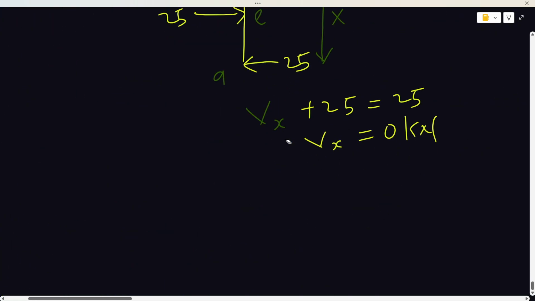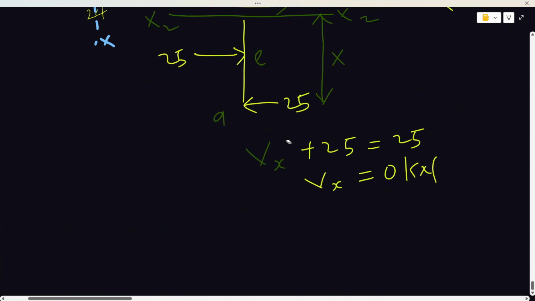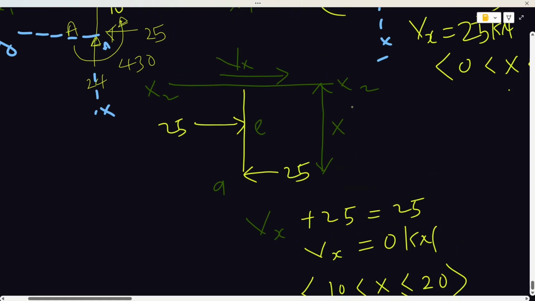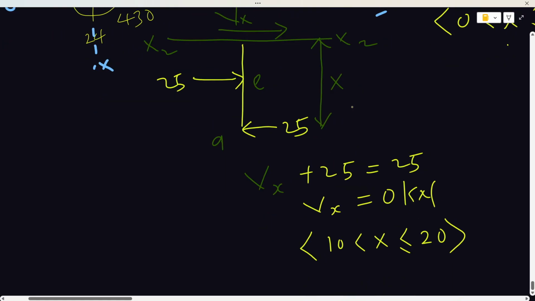Also for this, it starts after E. Immediately after E, it will be 0. But please, if you don't understand all this, it's still fine.